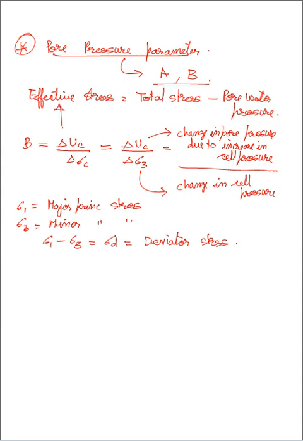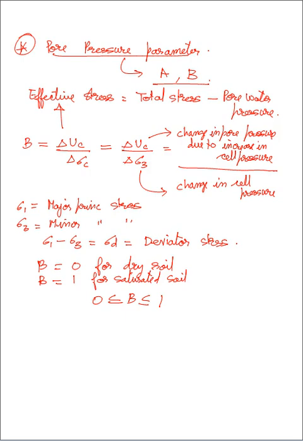So what is the range of B? Just note down, B is equal to 0 for dry soil, and the value of B is equal to 1 for saturated soil. So can I write 0 less than or equal to B less than or equal to 1?